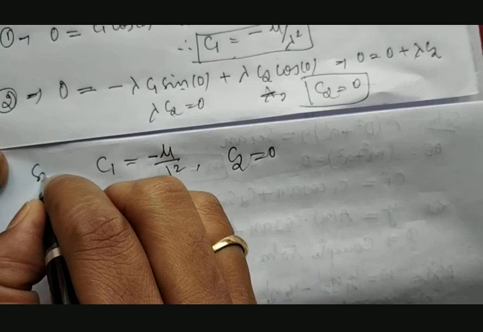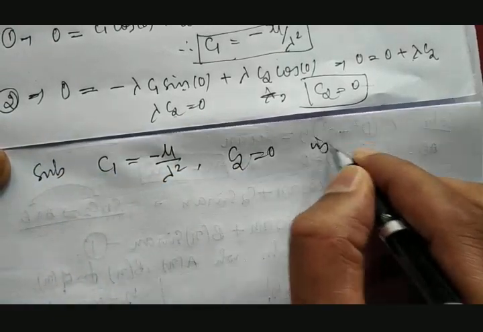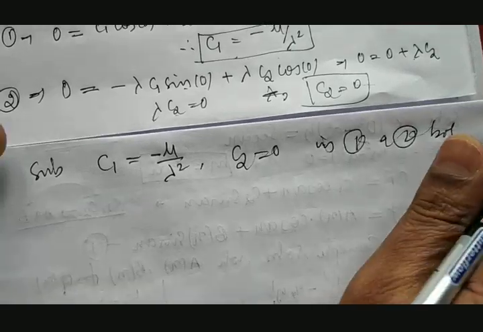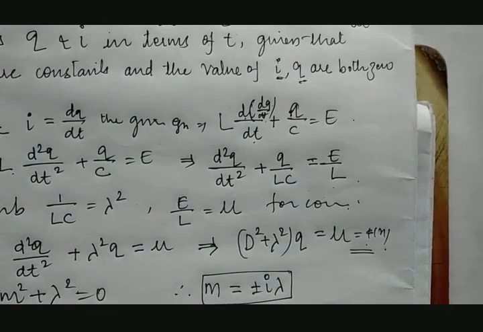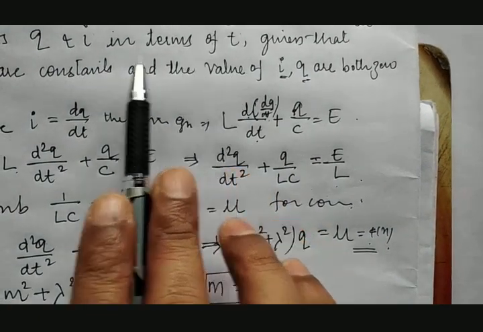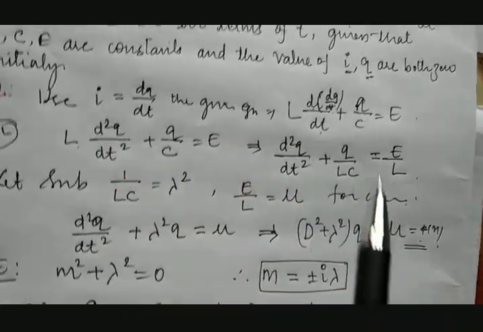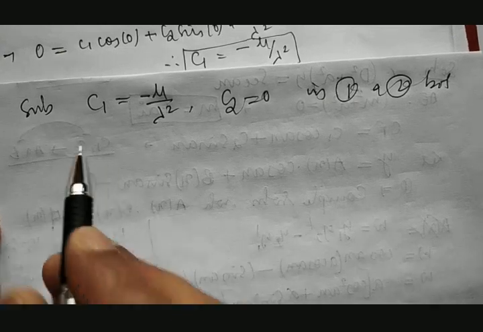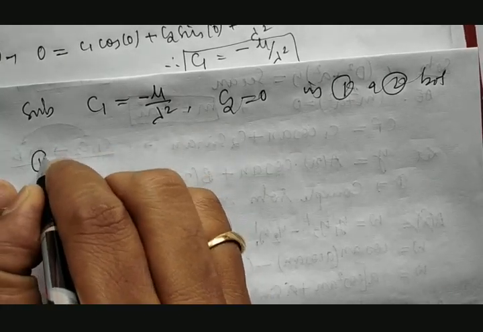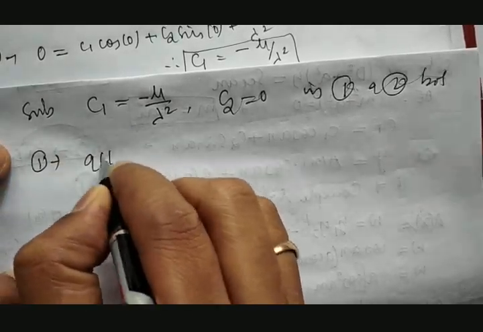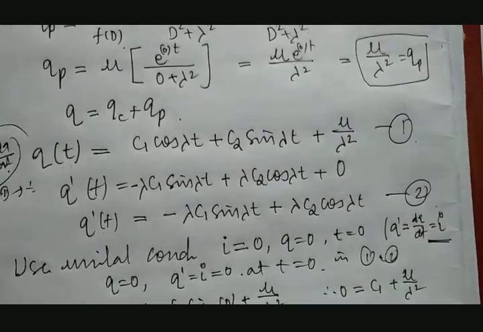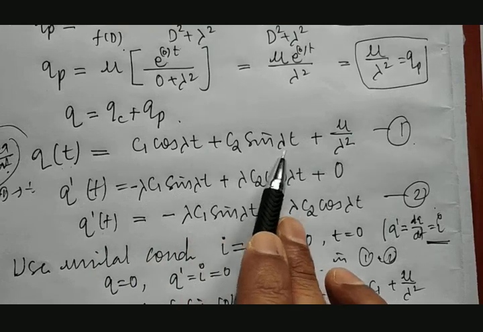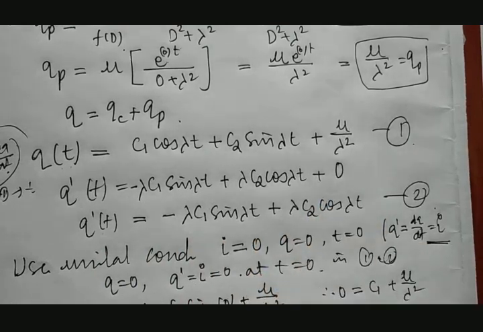So substitute these results in equation number 1 and 2 both. Why both? Because here we need to calculate the value of q and I in terms of t. We need to calculate both. Therefore equation number 1 will be q of t, that is equal to C1 cos lambda t plus C2 sin lambda t plus mu by lambda square.